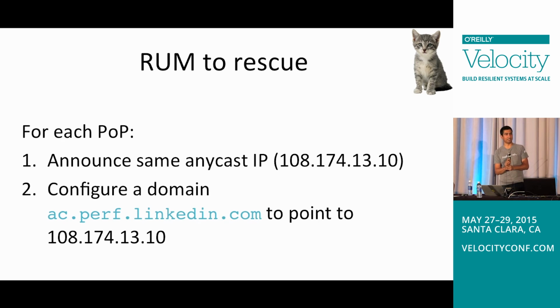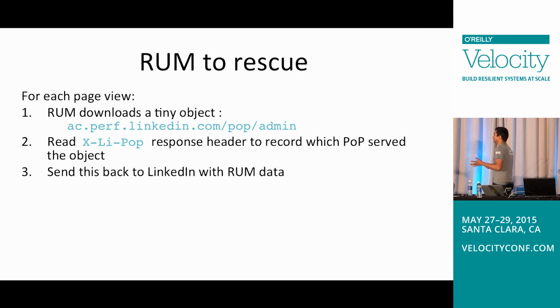So for each POP, this is in production. Production was still using unicast, so each POP was still using unicast. But we started announcing one more Anycast IP. This is an IP address from all the POPs across the world. And then we configured a domain, anycast ac.perf.linkedin.com, to point to that IP. And then we did the same thing.